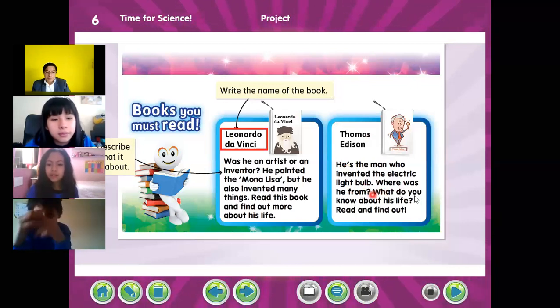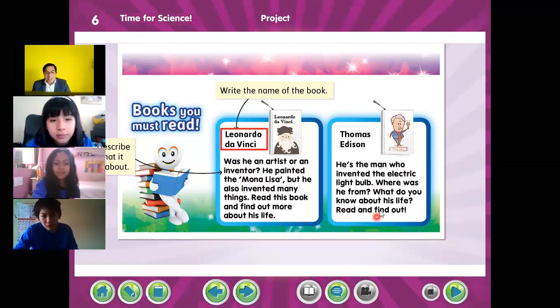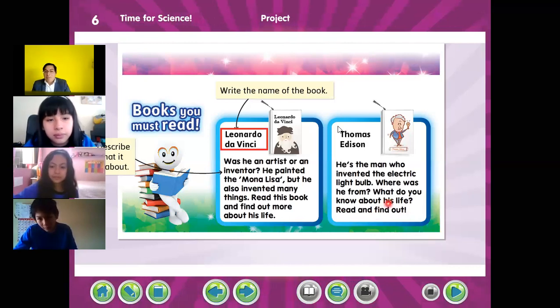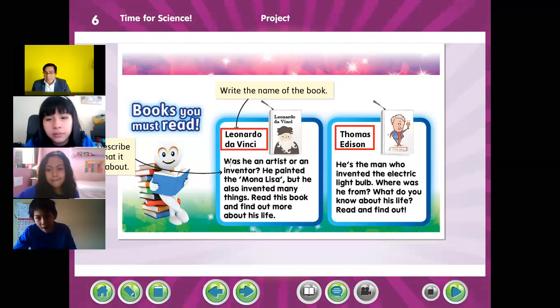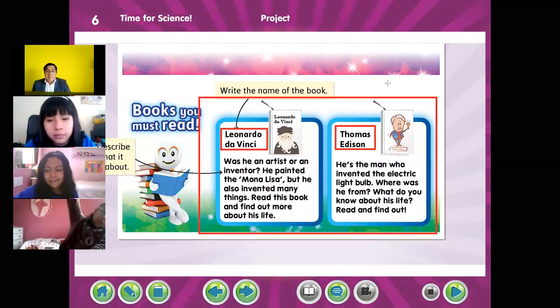What do you know about his life? Read and find out. Discover the information about Thomas Edison. Okay? We are going to work with this part. Now, pay attention, please, here.